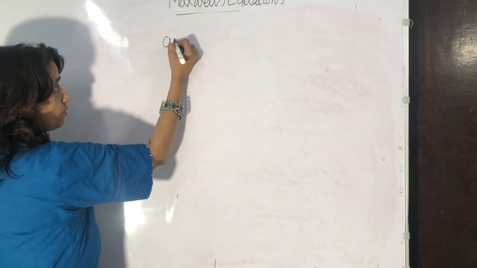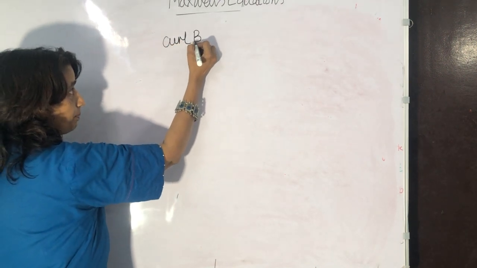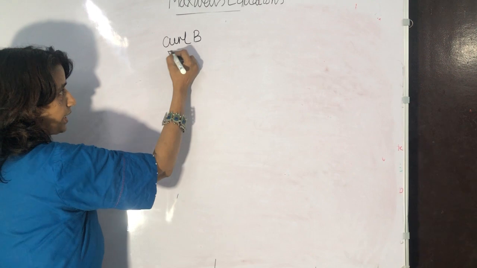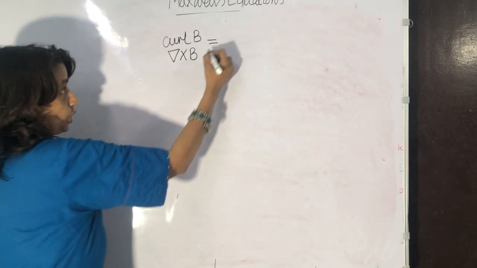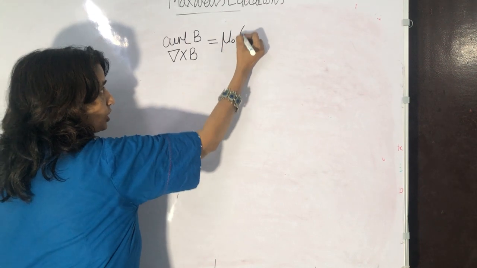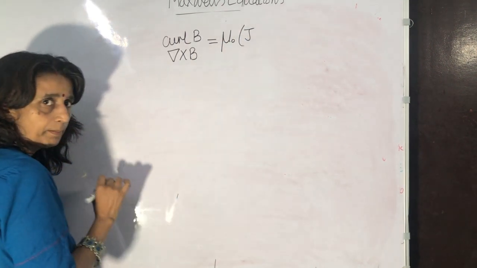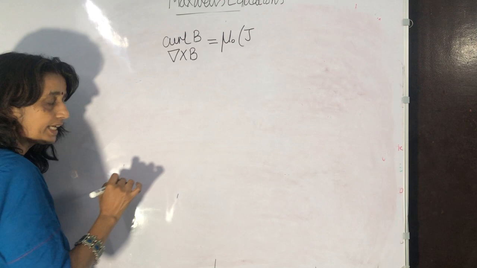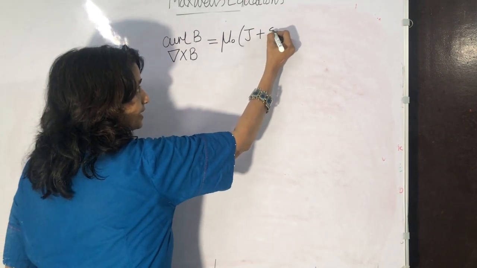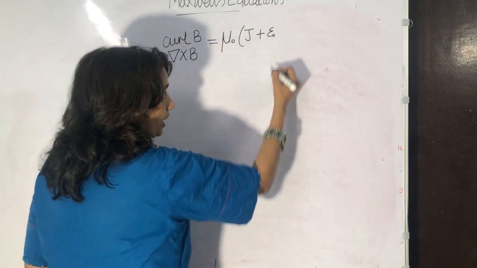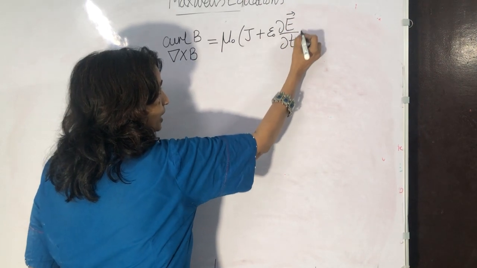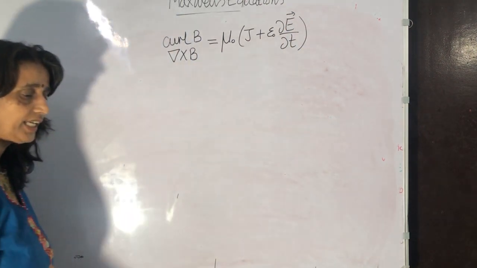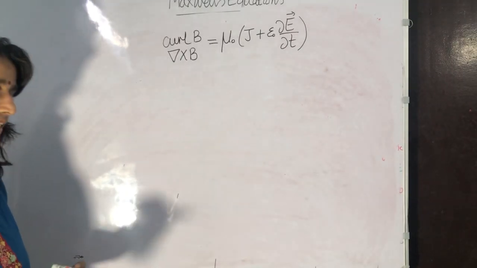See, according to Maxwell, curl B is equal to mu naught into J, my current density in the static or the steady field, plus mu naught epsilon naught into del E by del T, where electric field is varying with time.